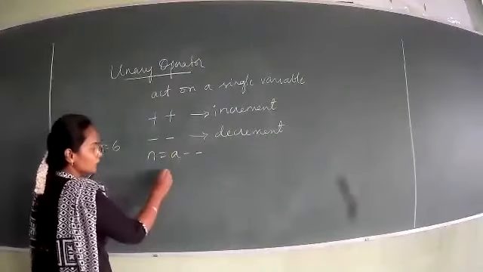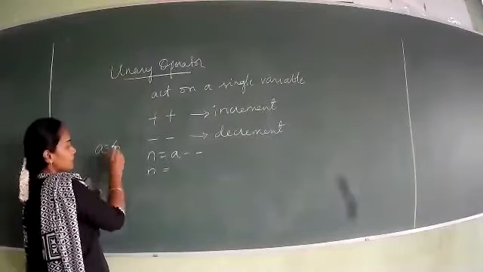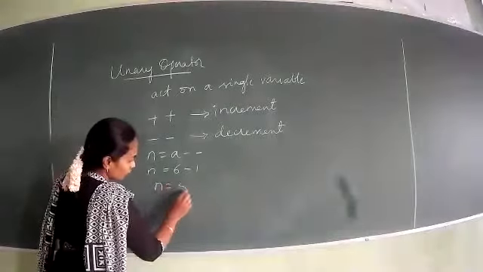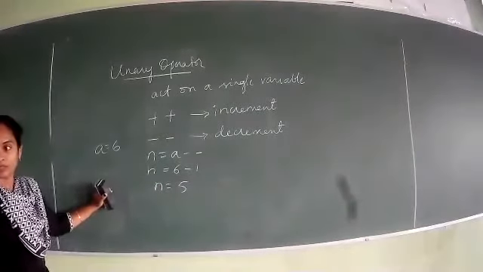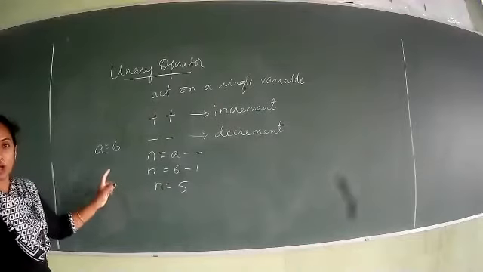So here, substitute the value. n is equal to a, which has taken 6. So 6 minus 1. n is equal to 5. Is that clear? n equal to 5. This is how the decrement operator works.